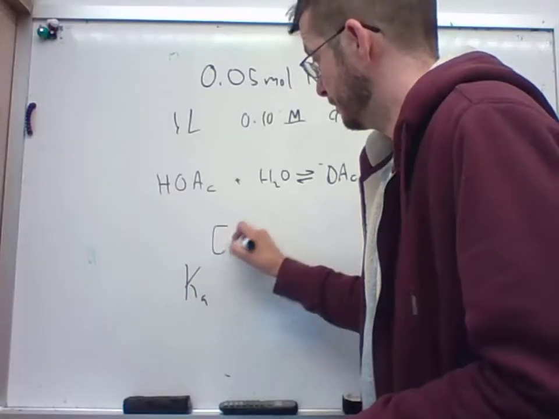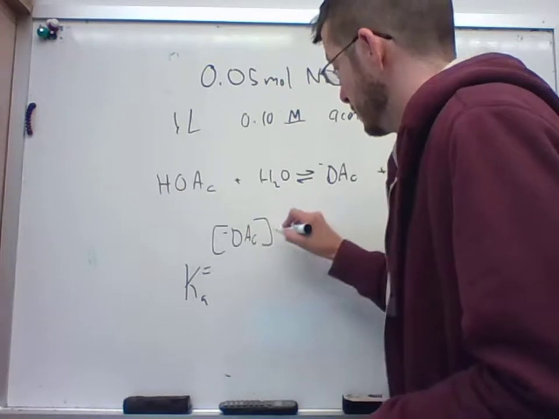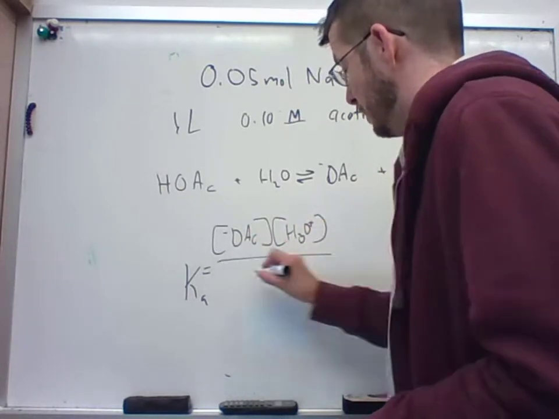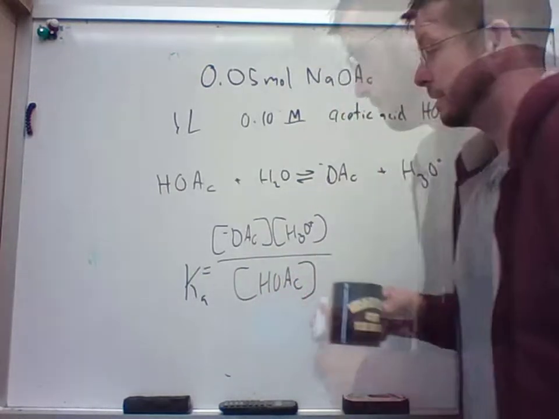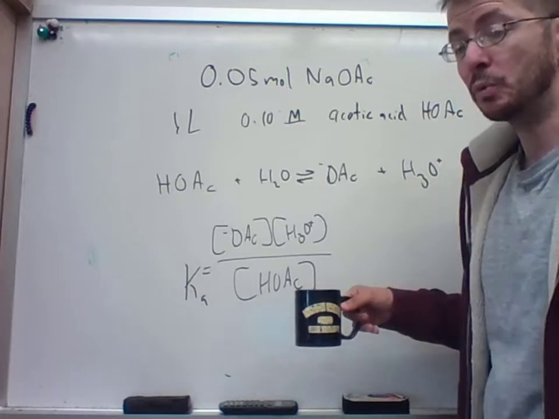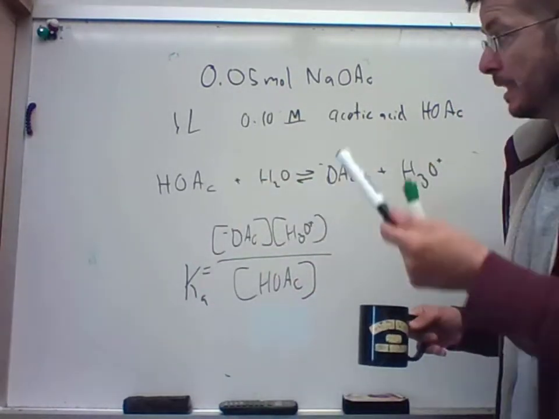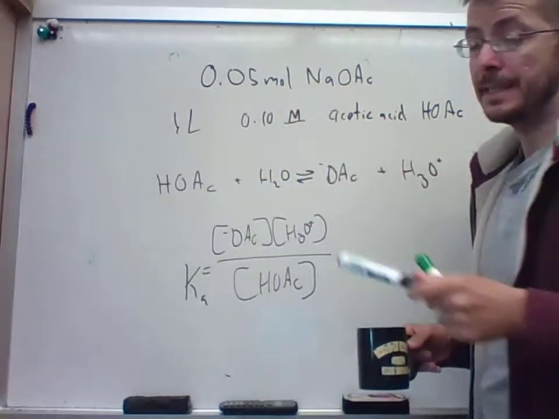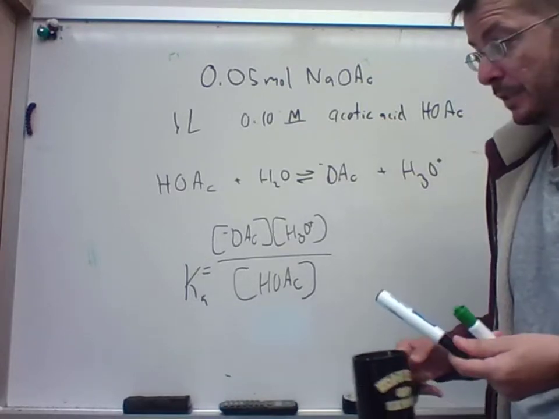Ka equals OAc minus times H3O plus, all divided by HOAc. Now, unlike our typical weak acid problem, where we just have this acid dissociating, here we've added acetate. So our initial starting conditions are different than what we'd expect.